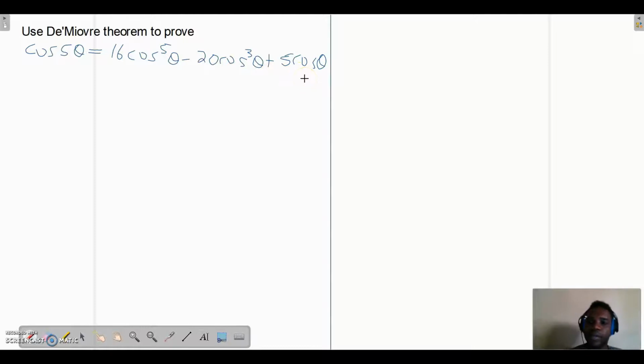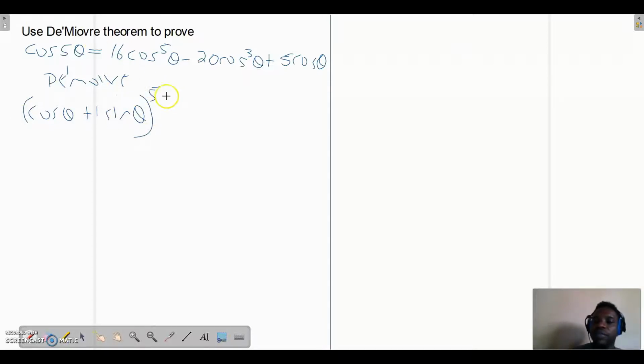Alright, so we're going to start by applying the Morph's theorem. But knowing that cos 5 theta is actually the real part of the complex number, the Morph's theorem doesn't just apply to one part, it applies to everything. So by the Morph's theorem, I'm going to consider cos theta plus i sine theta raised to the 5th power.